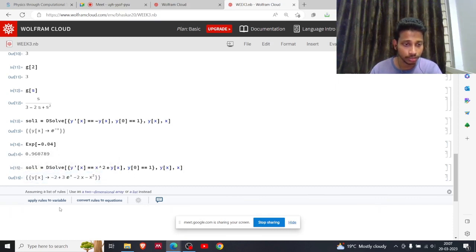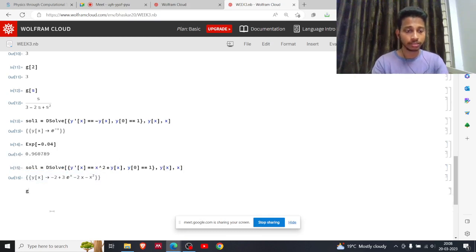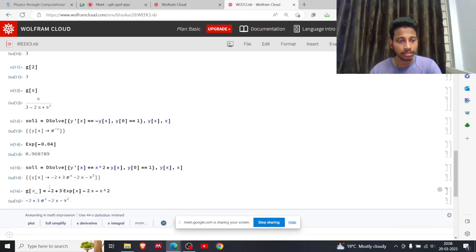Now I have copied that and then I'll just put it like, I don't know what is the problem of Wolfram here. So this is the function I have assigned it to g of x.